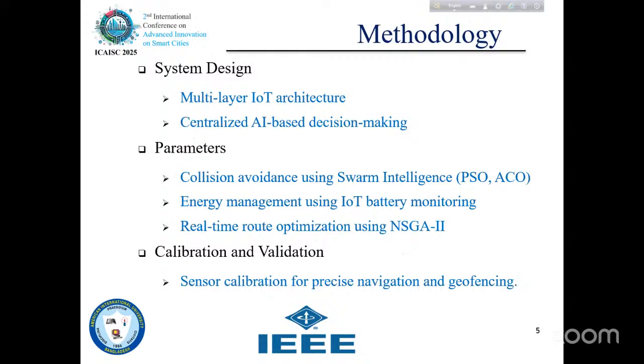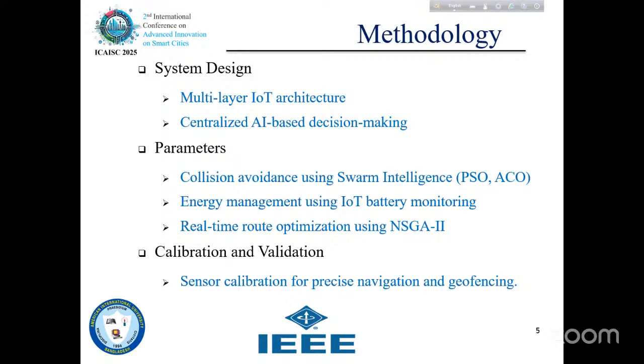So here is the methodology. The methodology for the smart drone traffic control system revolves around a multi-layer IoT architecture designed to facilitate efficient communication, real-time monitoring, and decision making. At its core, a centralized AI-based system makes decisions regarding drone movements, ensuring safety and efficiency.